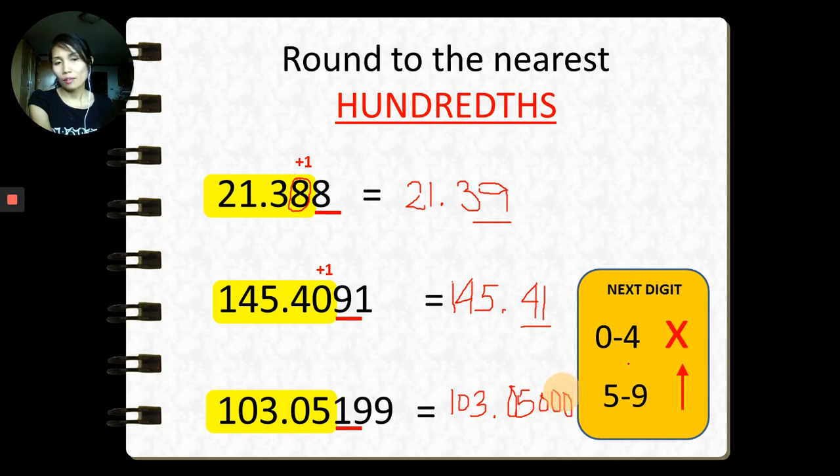Okay, that's it. So that's how to round to the nearest hundredths. After you round to the given place, make the numbers to the right 0.